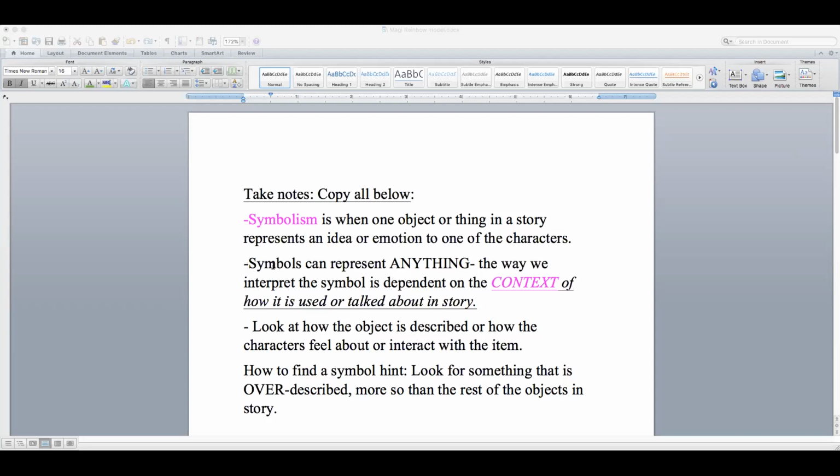Symbolism is when one object or thing in a story represents an idea or an emotion to one of the characters. Make sure you copy down these notes.